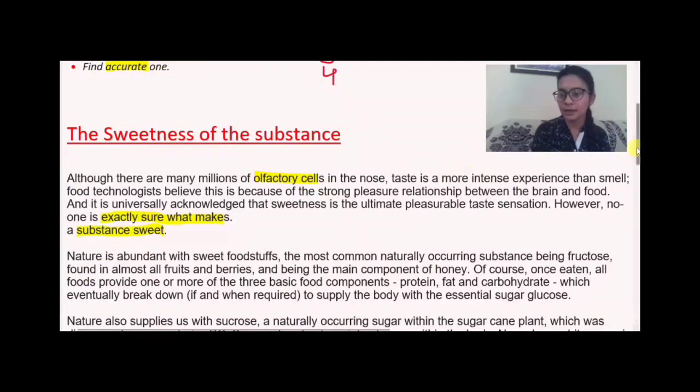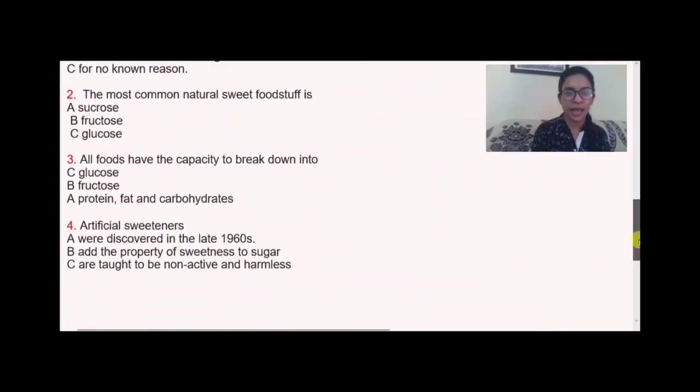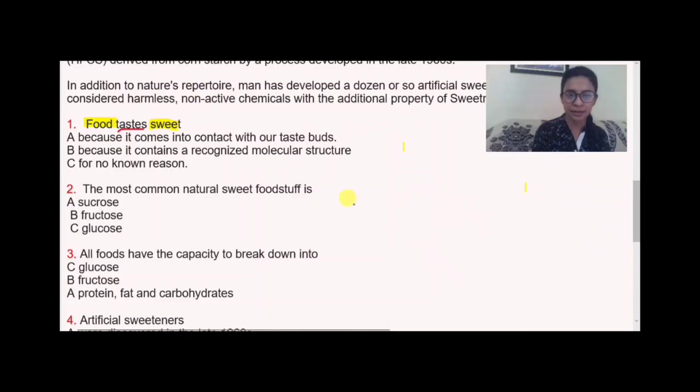What is the correct answer? Then go to the question and use the elimination method. Because it comes into contact with our taste buds. They are not talking about any taste buds. Because it contains a recognized molecular structure? No, because they are not talking about any molecular structure in the paragraph.